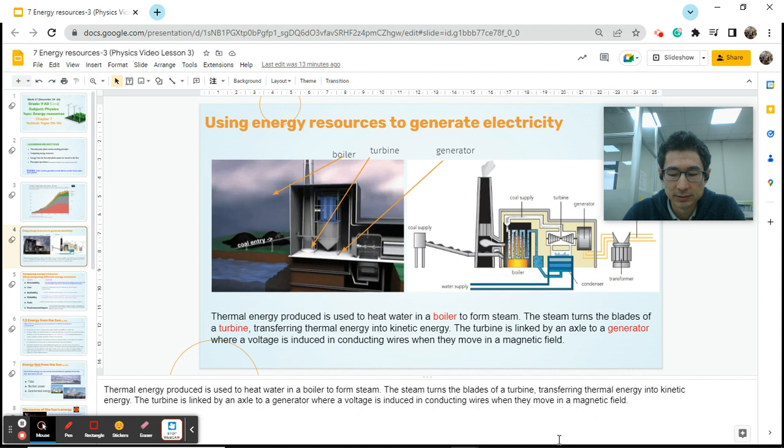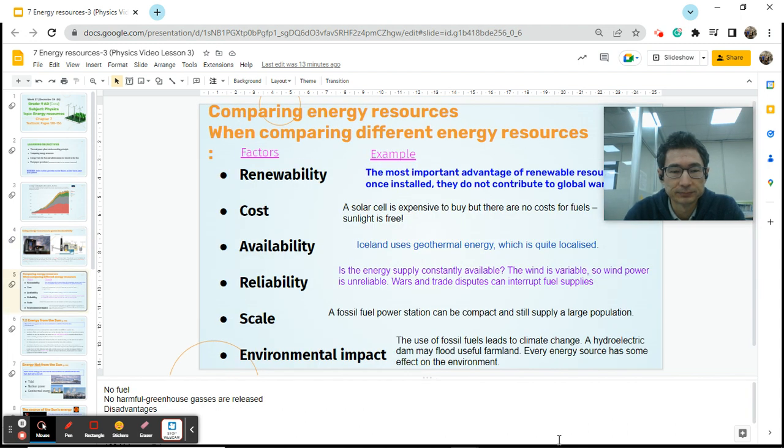Okay, next. I said that when we want to build infrastructure for electricity production, like a power plant, hydroelectric, or windmills, we should consider the factors, what kind of properties affect it.